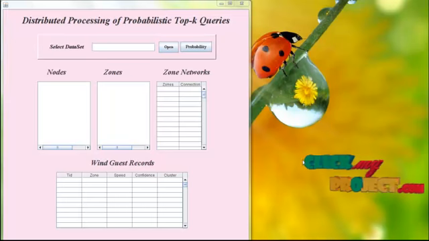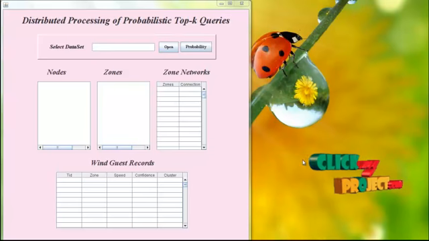Now we see the implementation of the distributed processing top-k query analysis. Here we have to select the data set which is based on our wireless sensor network. Before that, the given data sets are presented to make a network.